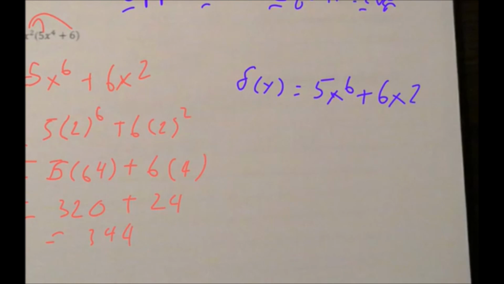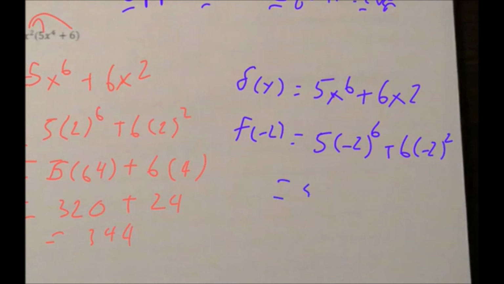And we're taking f of negative 2. So we have 5 times negative 2 to the 6th plus 6 times negative 2 squared. We get 5 times 64.